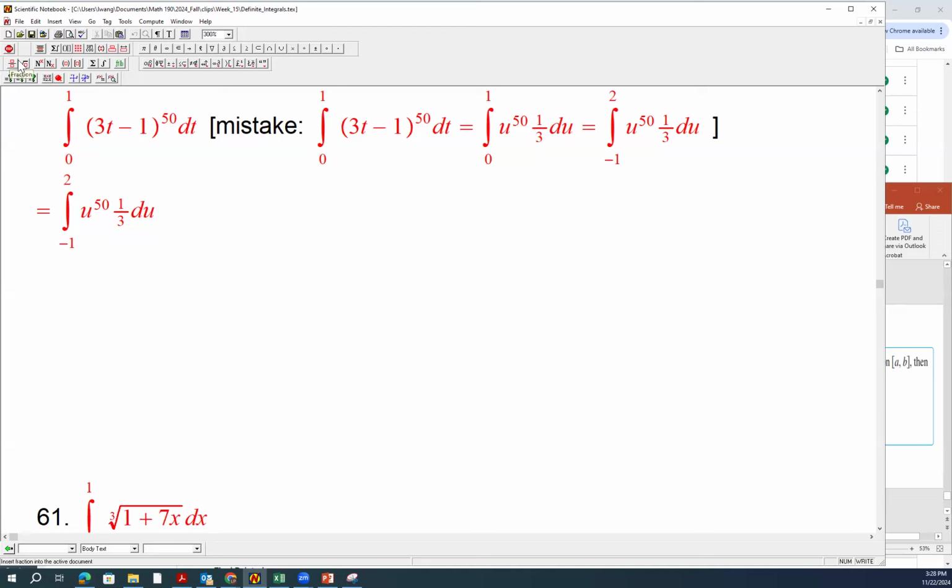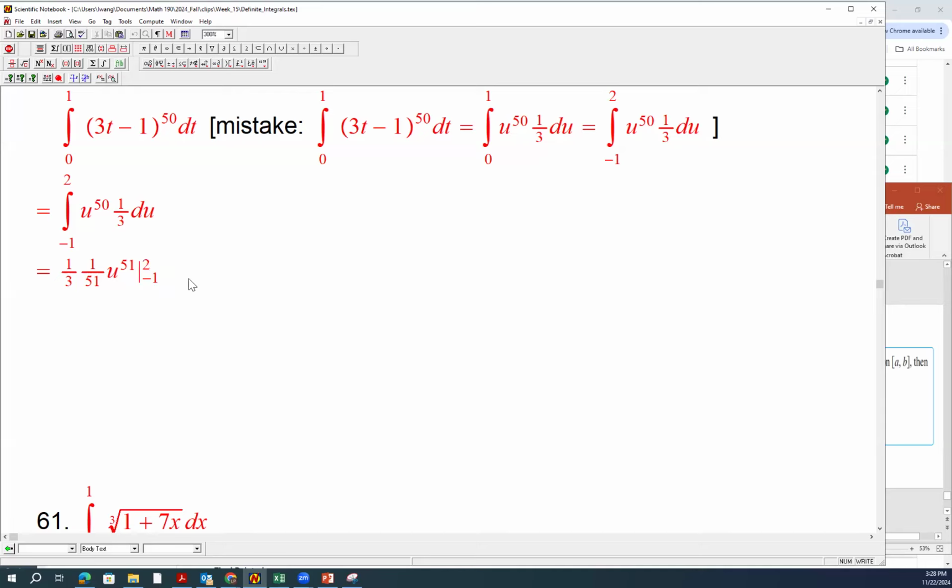All right, so this equals 1/3, and the antiderivative of u to the power 50 is 1/51 u raised to the power of 51, evaluated at the limits of -1 and 2.